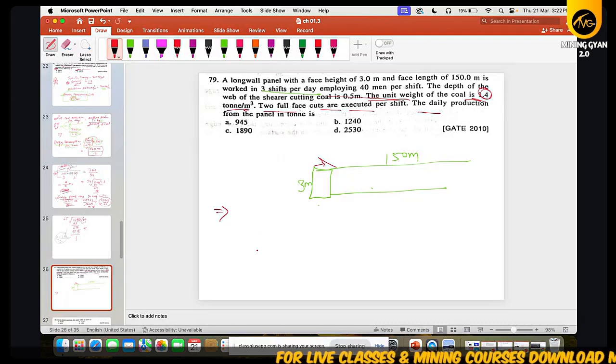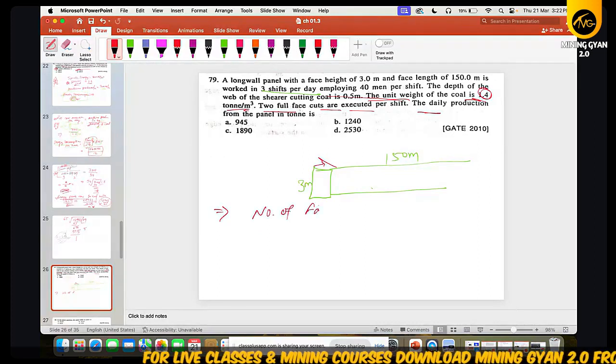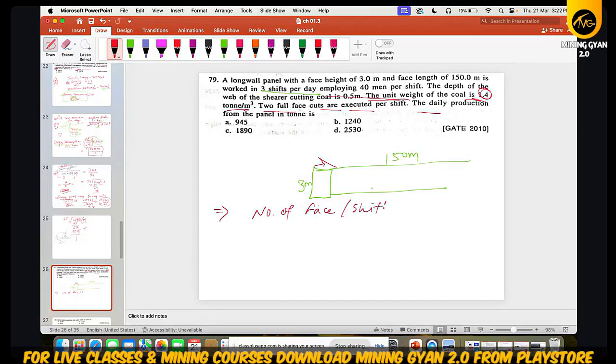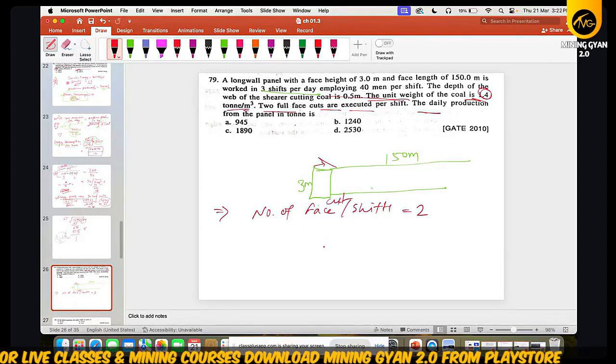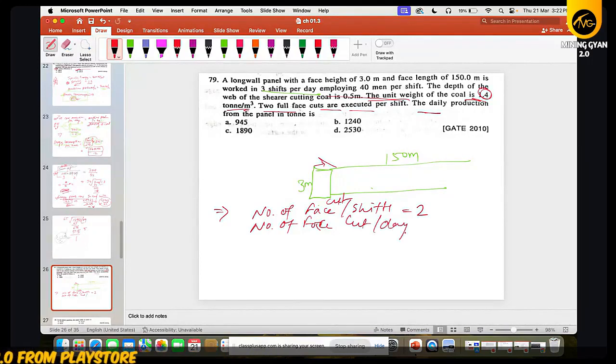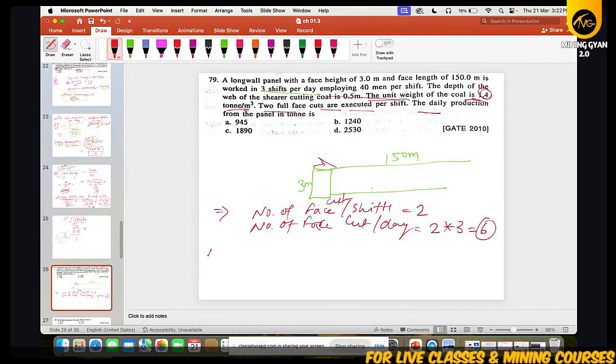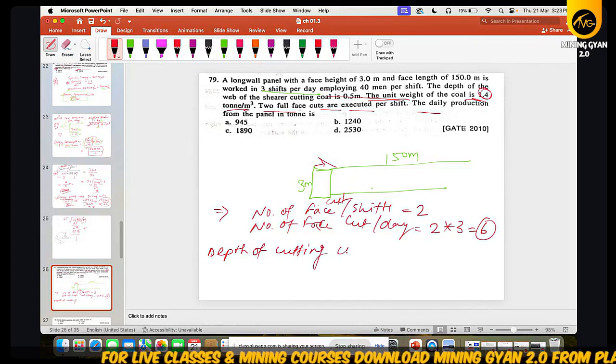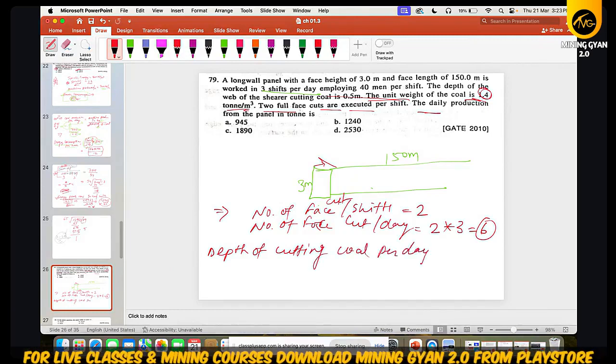So number of face cuts per shift will be 2. Number of face cuts per day, in one day 3 shifts, so it will be 6. Then we have to find out the depth of cutting coal per day.